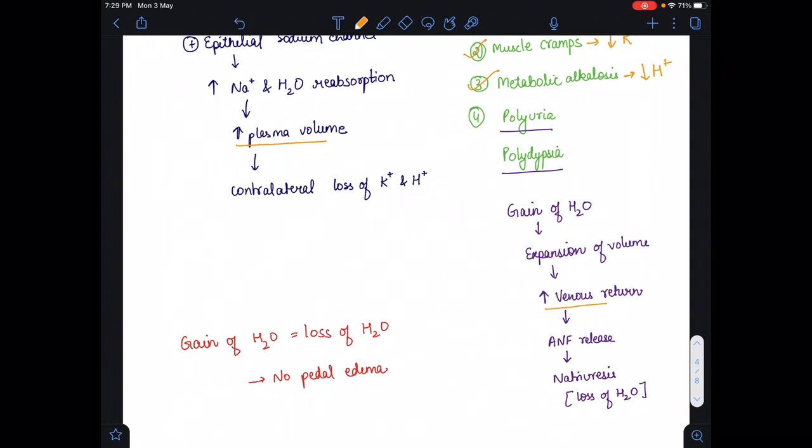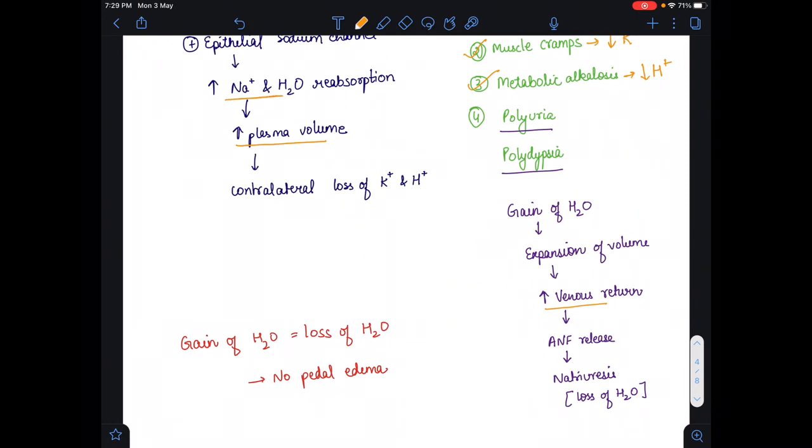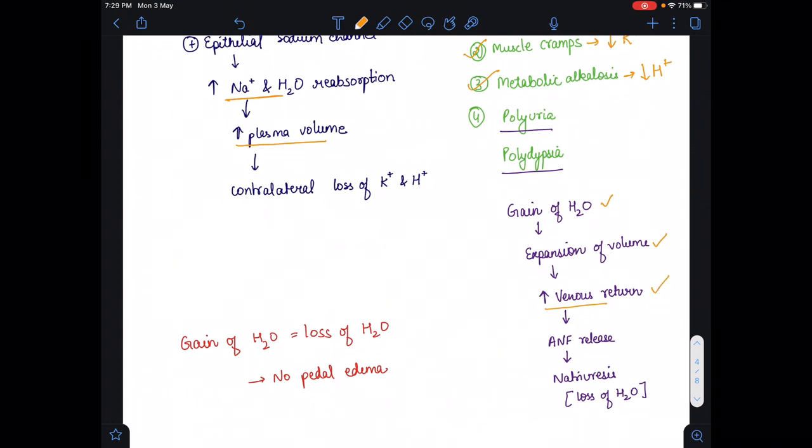Why the polyuria and polydipsia? Because the aldosterone level increases sodium and water reabsorption, so there is a gain of water. If the water is reabsorbed, there is expansion of the volume and the venous return also increases, so atrial natriuretic factor is released.